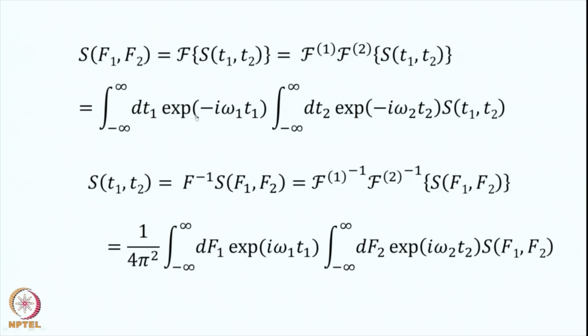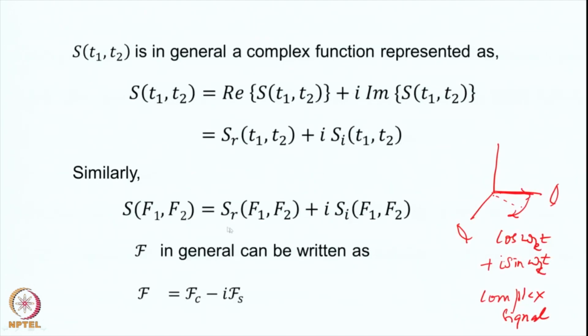Therefore this actually will have two components, dt1 cosine omega 1 t1 and the second term will be dt1 sine omega 1 t1, and that will have an i factor. So the first term will be the cosine transform and the second one will be the sine transform. Therefore, we write here F, the general Fourier transformation, as Fc minus i Fs.